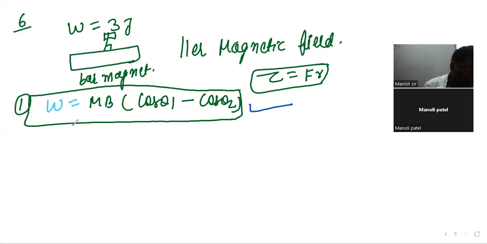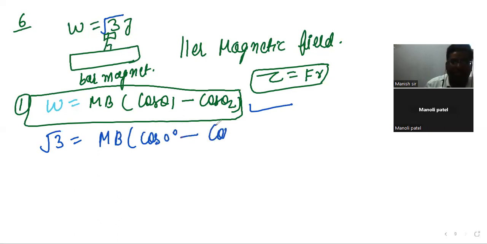So how will you calculate? Work value is given, that is 3 joule, not 3, it is root 3 joule. So put here root 3, and MB value we don't know. Initial angle we know that is 0 degree and it is rotated to 60 degree. Now calculate it.